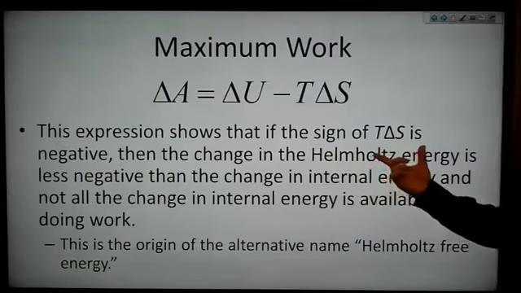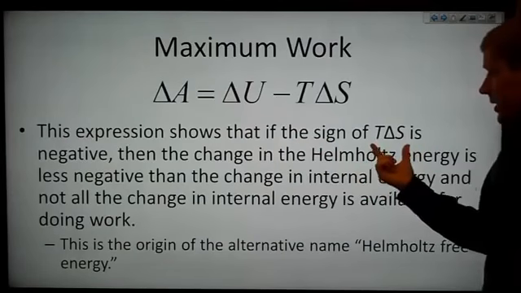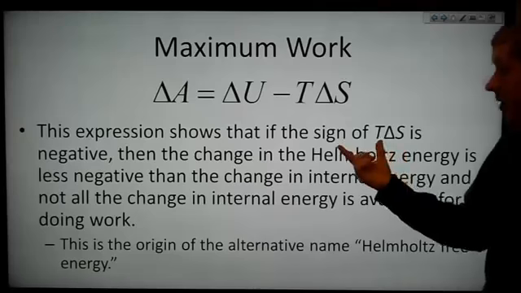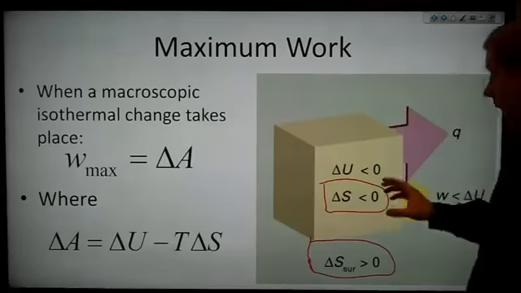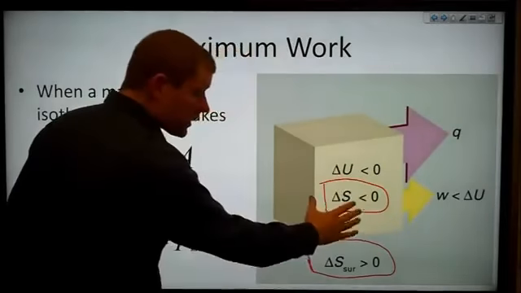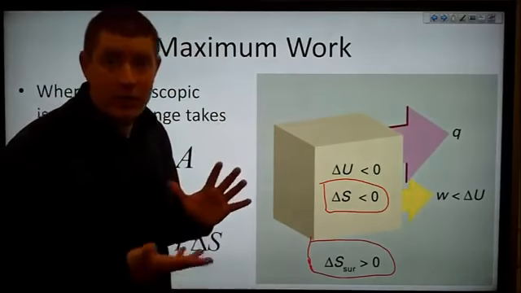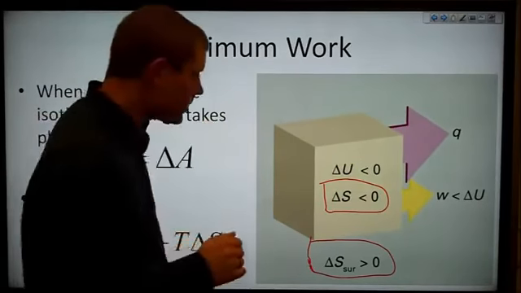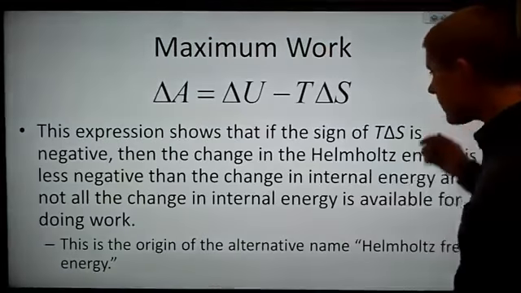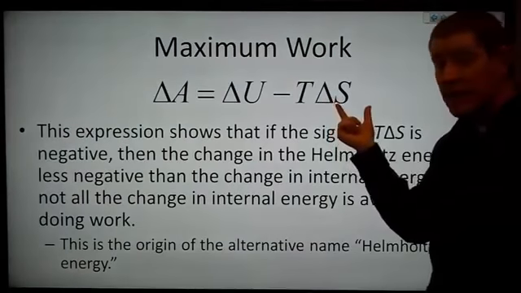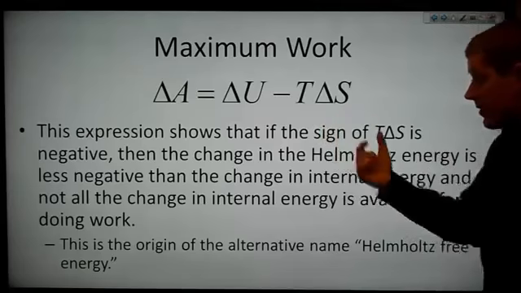So this expression shows that if the sign of T delta S is negative, which we had in this case, right? If delta S is negative, then, since temperature must always be positive, or zero I suppose, T delta S will be negative.